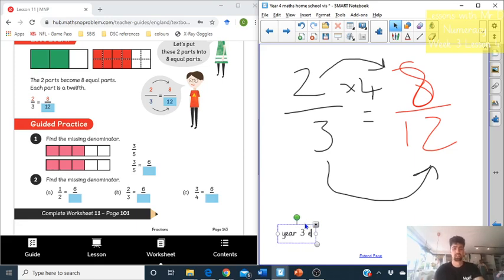Year 3 fractions, please put worksheet. You might get some other stuff. I don't know what you'll get, but if it looks like you could do it, have a go. If it looks too hard, don't worry about it. And remember to make sure you're using it carefully.